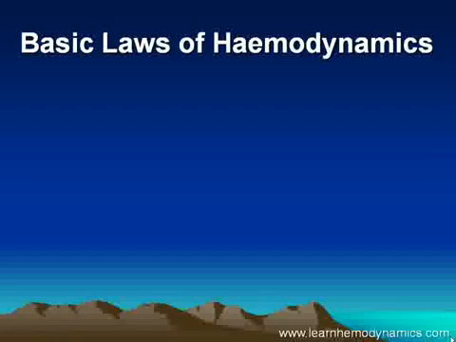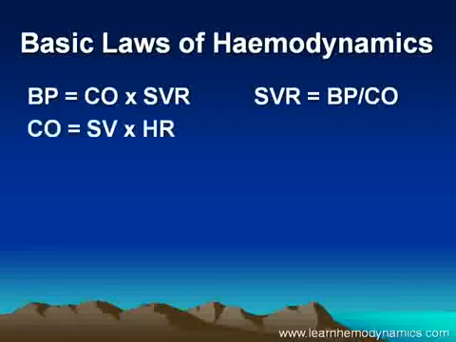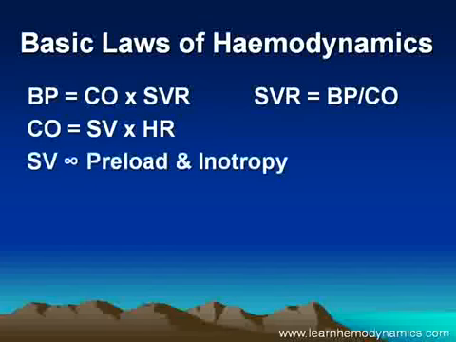Now, there are a few basic laws we need to start with in hemodynamics. You learnt all of these in the first year at med school. Blood pressure is simply cardiac output times systemic vascular resistance. Systemic vascular resistance is therefore blood pressure over cardiac output, as we just saw. Cardiac output is the product of the stroke volume times the heart rate.